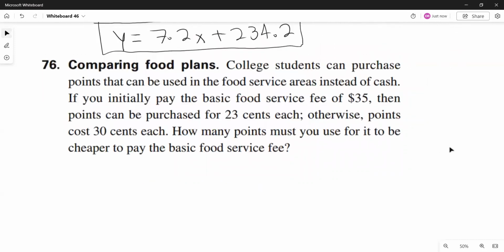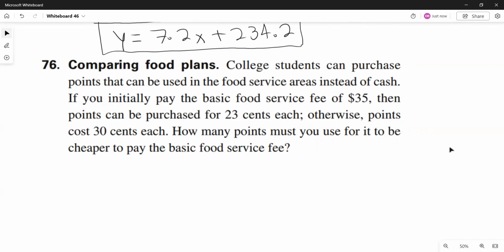College students can purchase points that can be used in the food service areas instead of cash. If you initially pay the basic food service fee of $35, then points can be purchased for 23 cents each. Otherwise, points cost 30 cents each. How many points must you use for it to be cheaper to pay the basic food service fee?